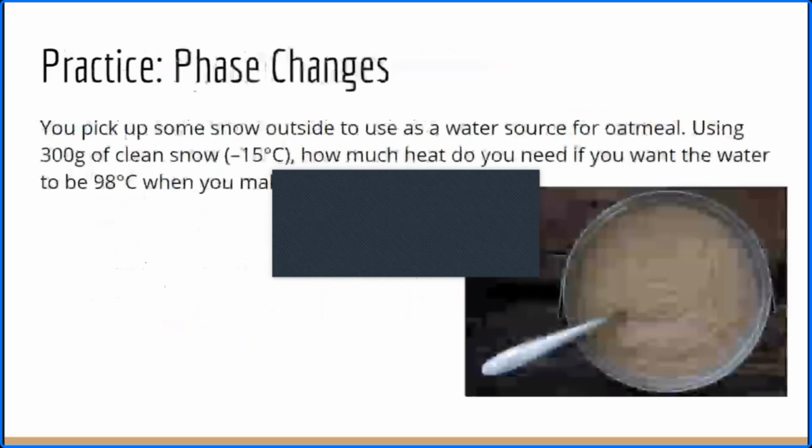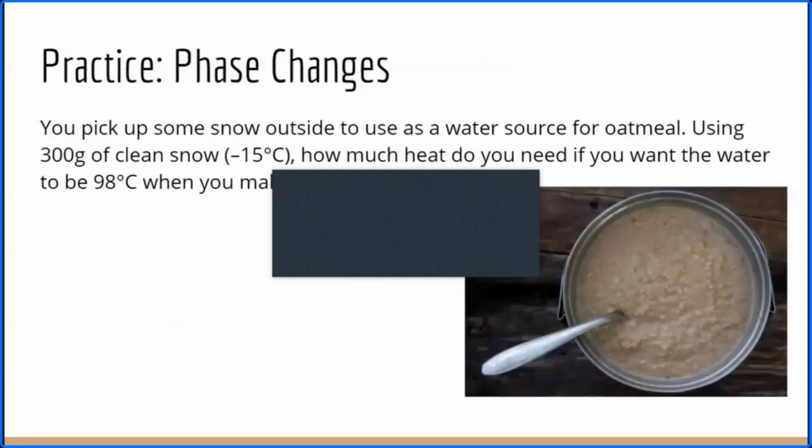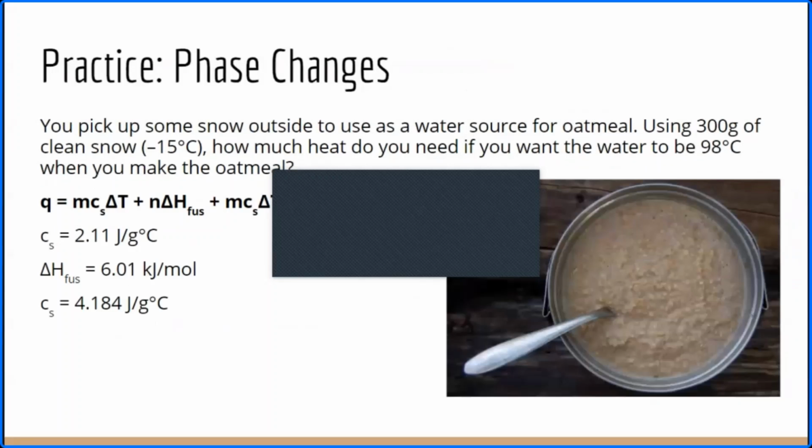And then we're going to need to figure out the amount of energy needed to raise it from 0 degrees Celsius to 98 degrees Celsius. And that as well also has a different specific heat capacity than ice. So we are going to have to be given those values, which are right here.